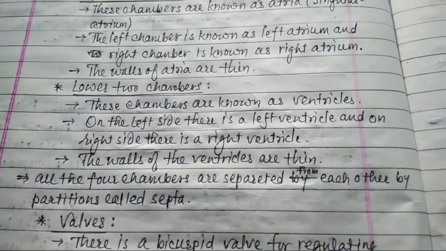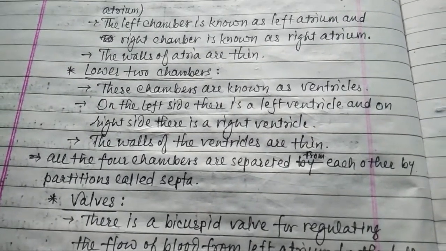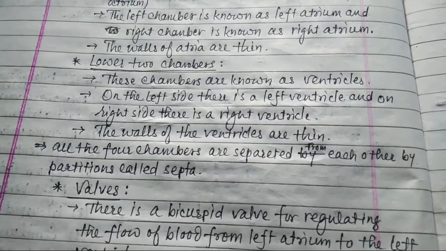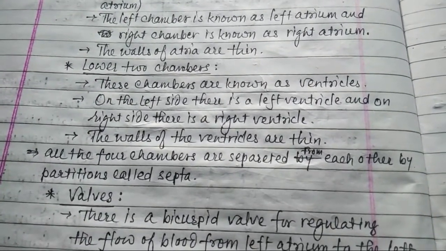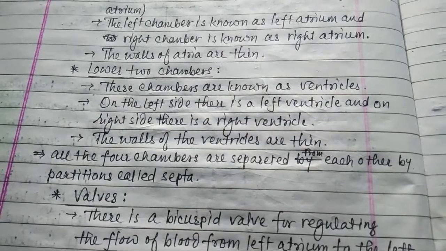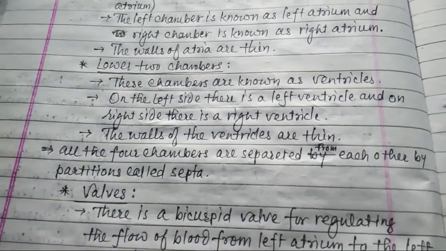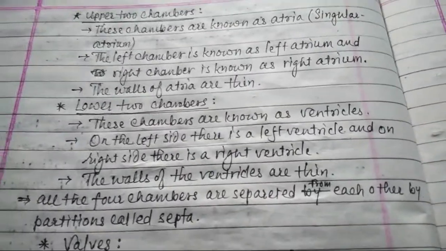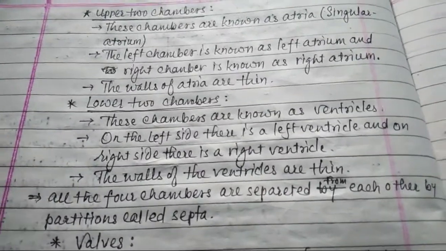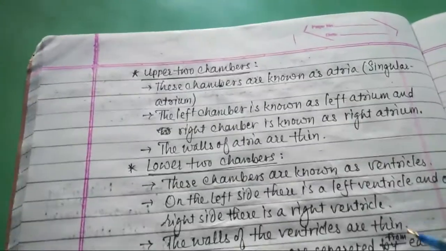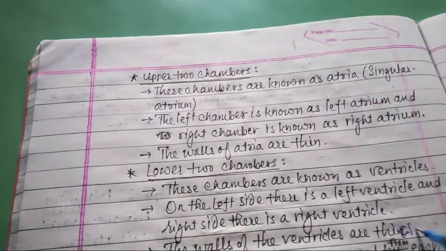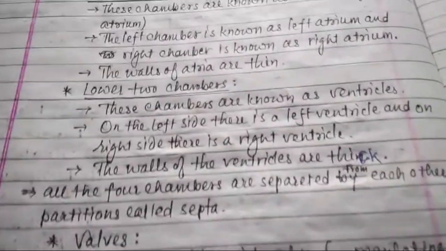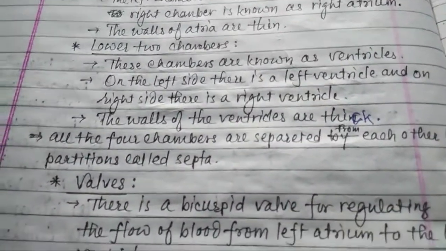The lower 2 chambers are called ventricles, the left ventricle and the right ventricle. The walls of ventricles are thick.